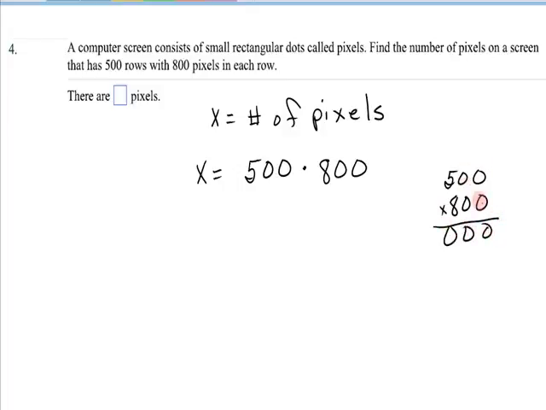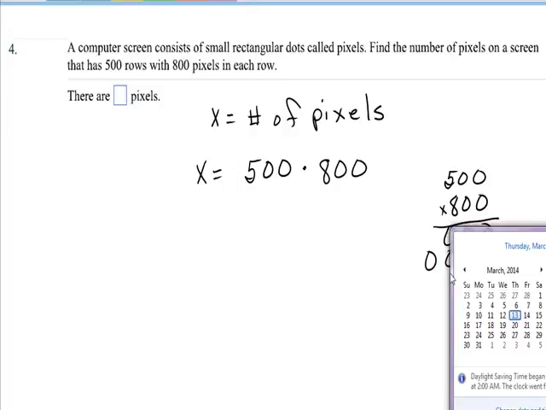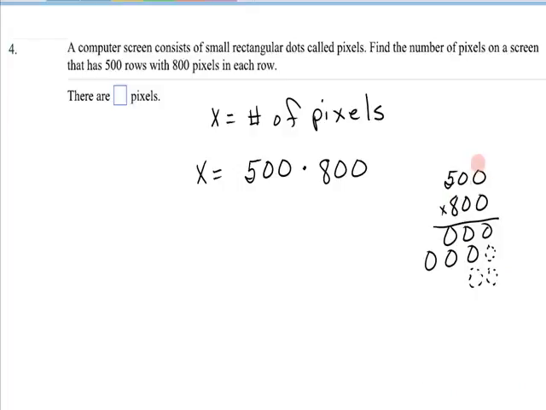0 times 0, 0 times 0, 0 times 5. Scoot over, 0 times 0, 0 times 0, 0 times 5. Put in my 2 placeholder zeros. 8 times 0 is 0. 8 times 0 is 0. 8 times 0 is 0. 8 times 5 is 40.